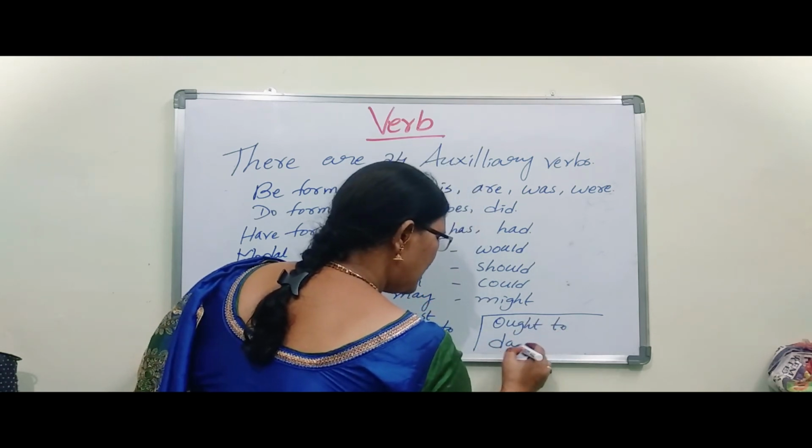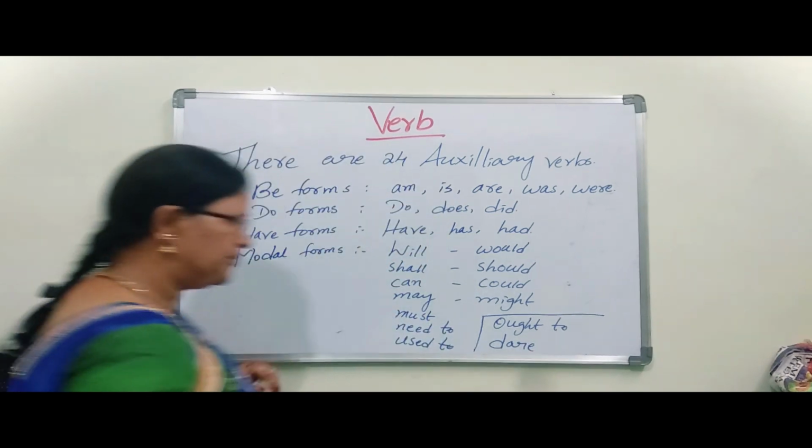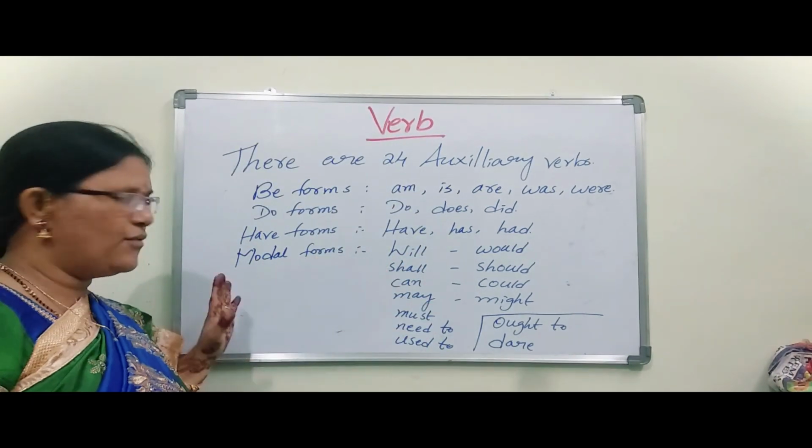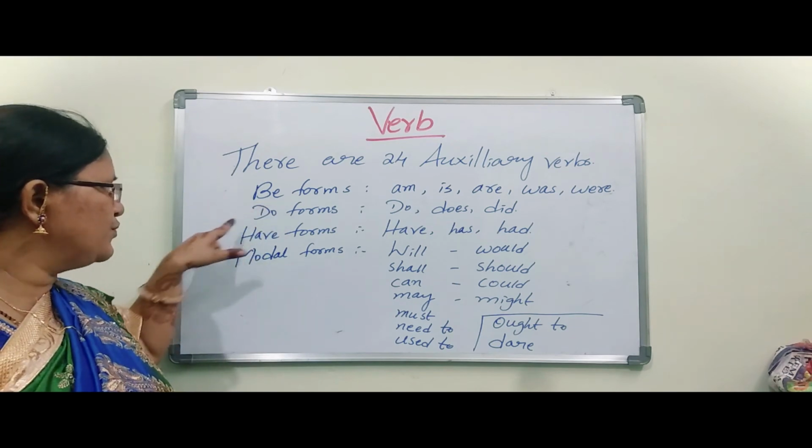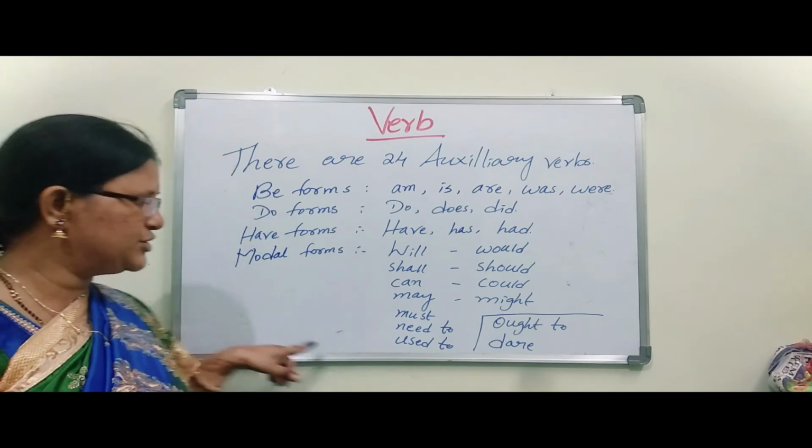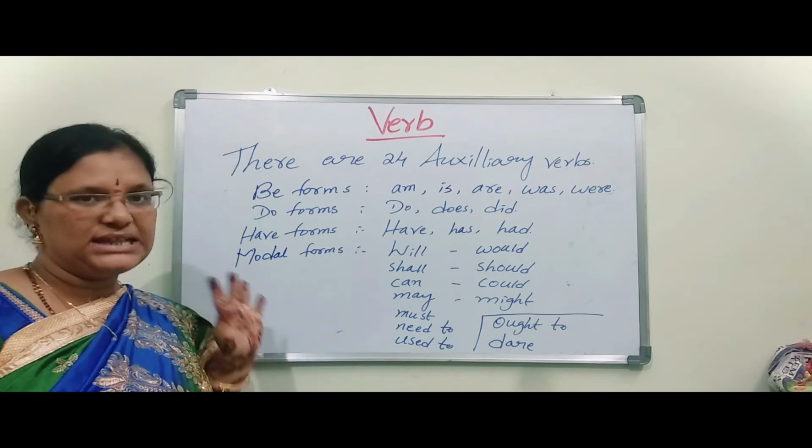Last one, dare. So these are all modal forms. Be forms, do forms, have forms, modal forms. Totally 24 auxiliary verbs are there.